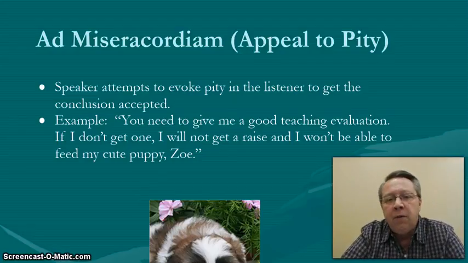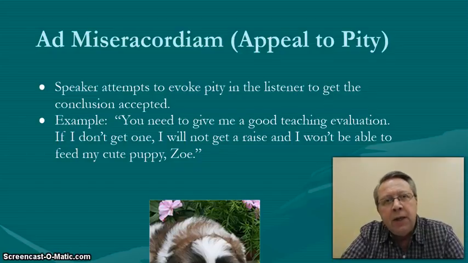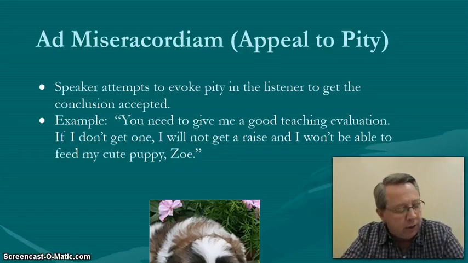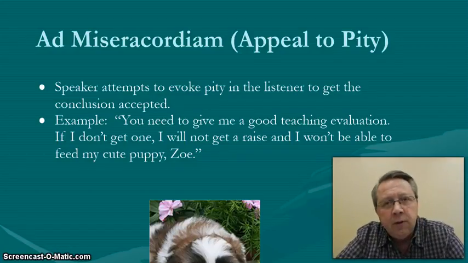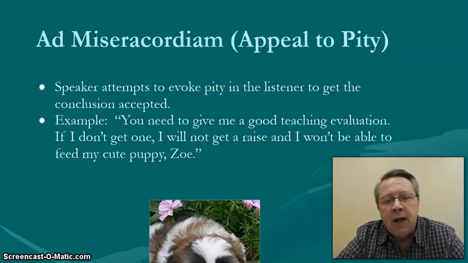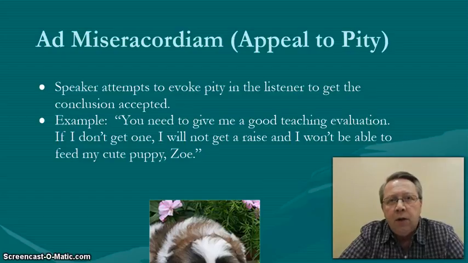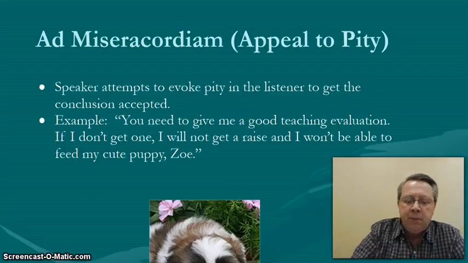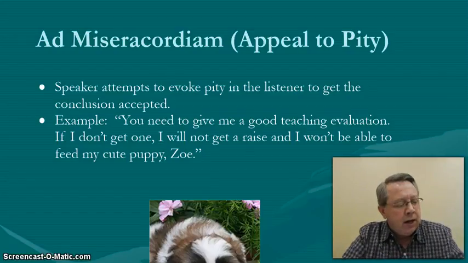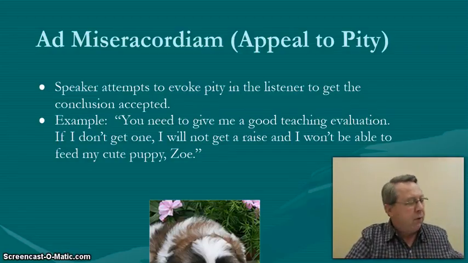Another example of appeal to pity would be when a student comes to me and says, I really need to get an A in this class so that I can get into CU. Right? I need my GPA up, and so I really need an A in this class so I can get into CU. Well, if you really need an A in the class, work, and you'll get one. Right? But once again, it's an appeal to pity. It's an appeal to saying, I'm not sure if I'll make it if you don't help me. So I need you to help me out, right? And so that's the concept that we have here.